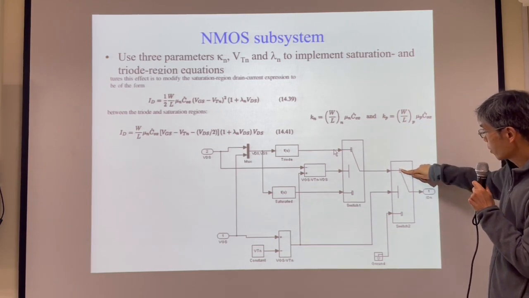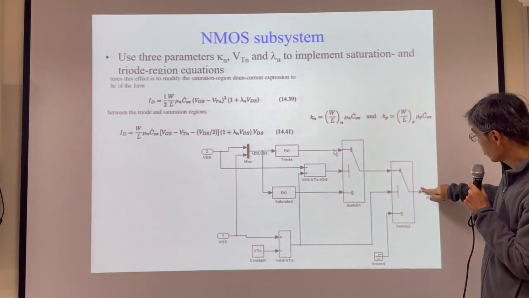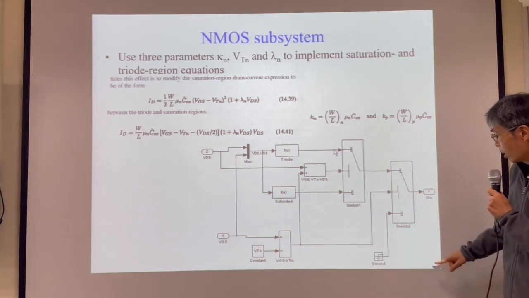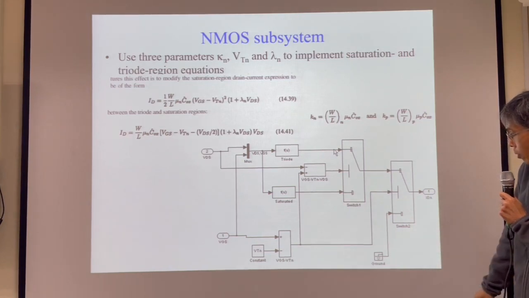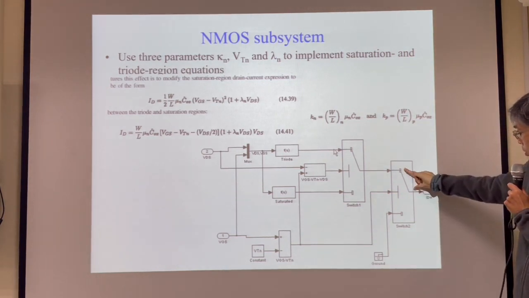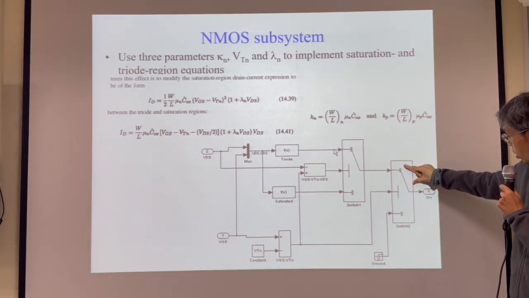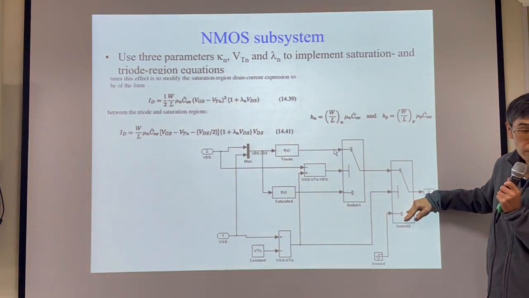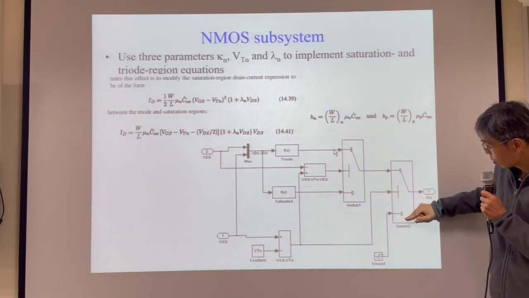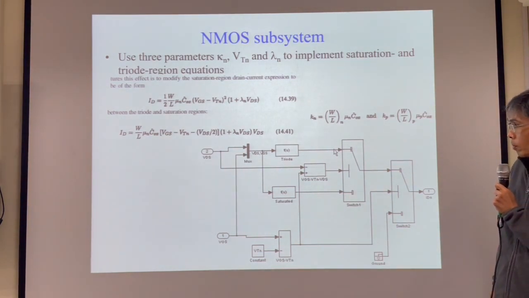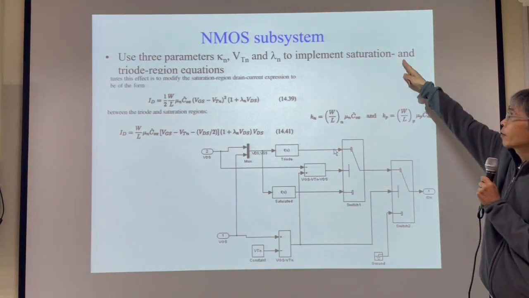If it's triode, get the output. If it's saturation, get the output. And this one is another switch: VGS minus VTN greater than 0, we have output. If VGS is less than VTN, there's no output, cutoff. So this is the second switch. Kaiser, could you read this?